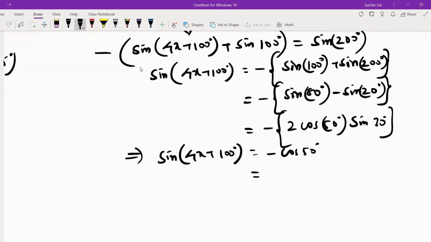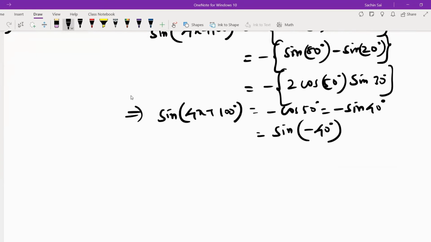And minus cos 50 degrees can easily be written as sine of, minus cos 50, I have to change to sine. So I can write this as minus sine 40 degrees, that is sine of minus 40 degrees.